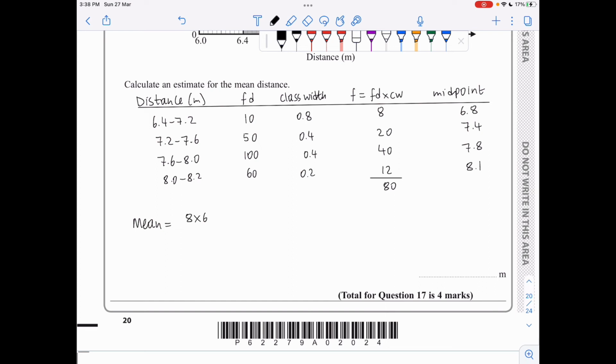So 8 times 6.8 plus 20 times 7.4 plus 40 times 7.8 plus 12 times 8.1 over a total of 80, which gives an answer of 7.645.